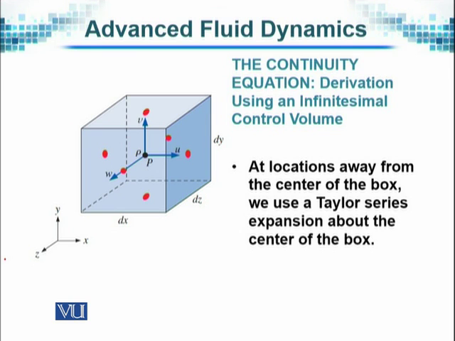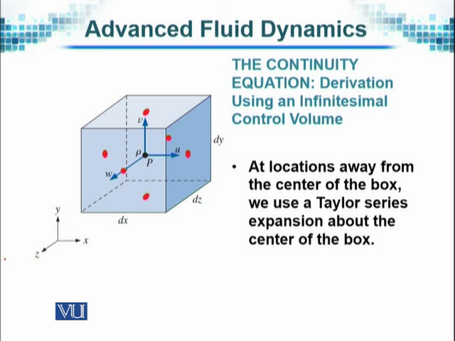And for this, we try to use the Taylor series expansion, as we have mentioned before also. You will recall that the Taylor series can be expanded for any function f of x about a particular point.